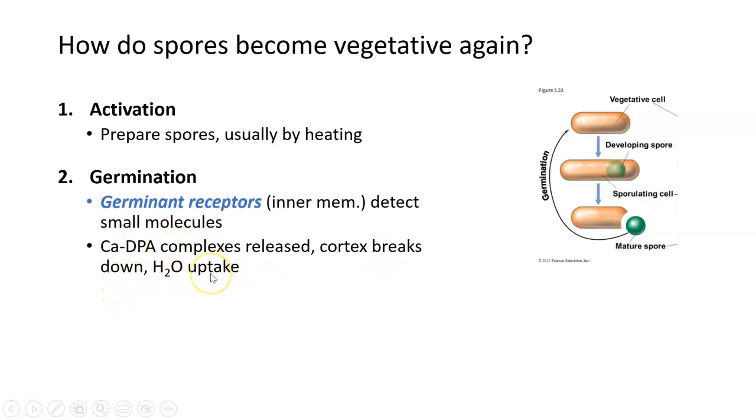They trigger a lot of water to be taken up into the core. And the DNA and the proteins in the core can then become functional again. Those proteins can refold. The DNA is released from the complexes that were protecting it so that it can be used to help cells divide.